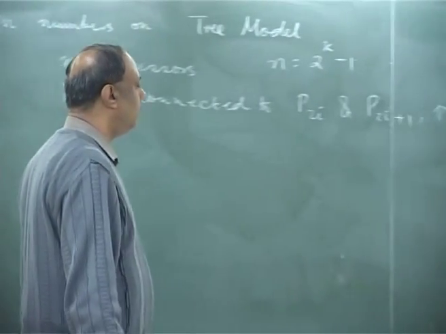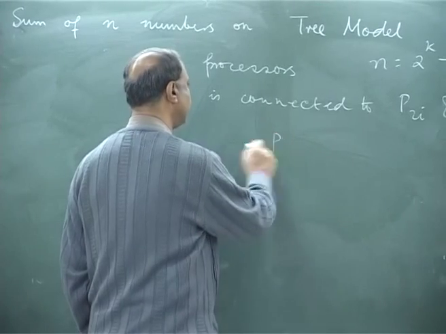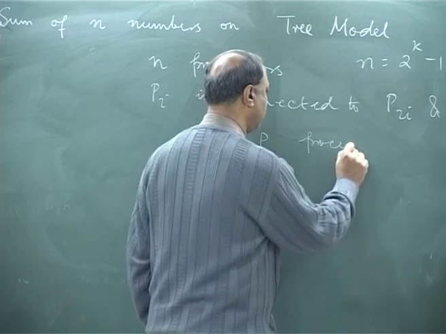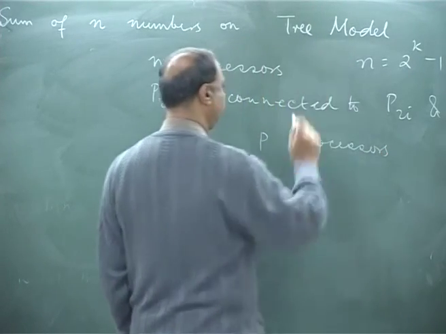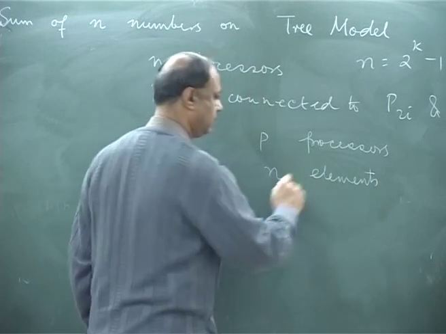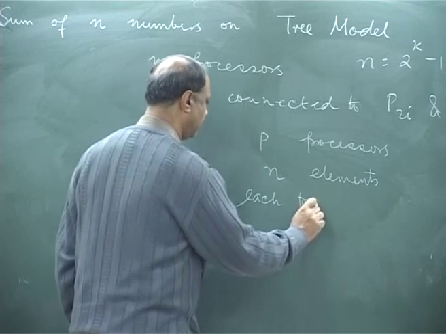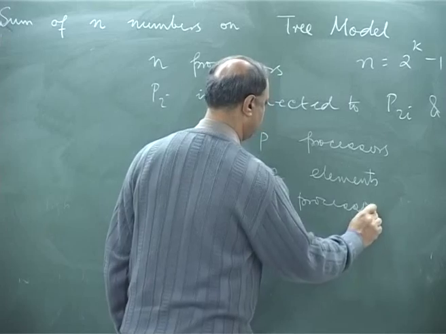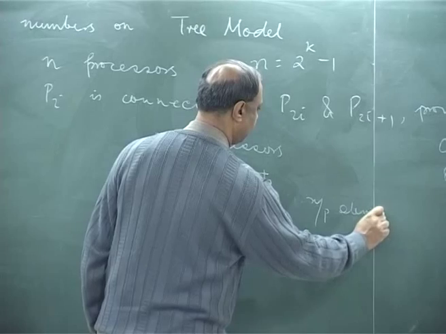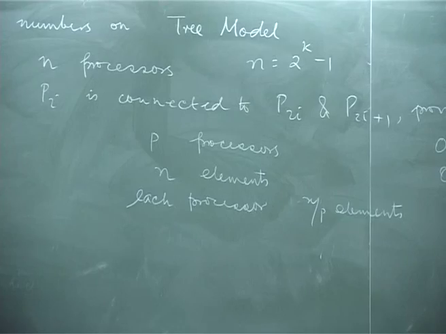Now, let us see what happens to adaptive algorithms. If you have p processors, which form the tree model, n elements, each processor contains n by p elements. Right?